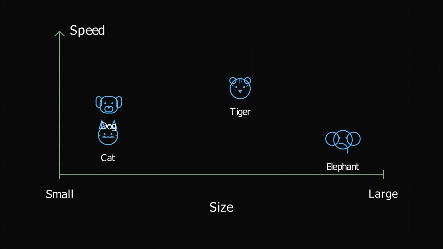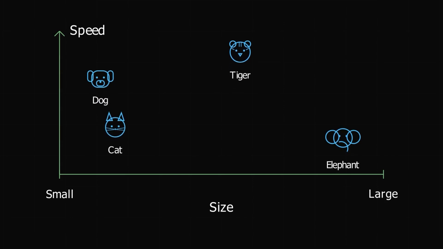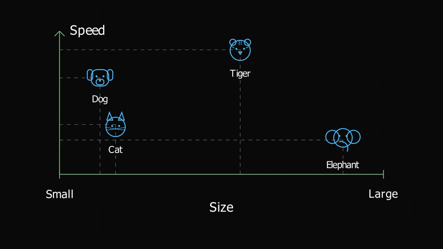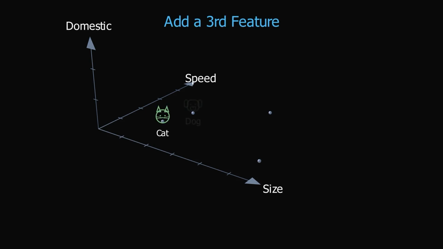Let's add another independent characteristic: speed. Suddenly, the animals become much easier to distinguish. Now let's add one more characteristic. Is the animal domestic? Every new independent characteristic helps us represent the animals more accurately.